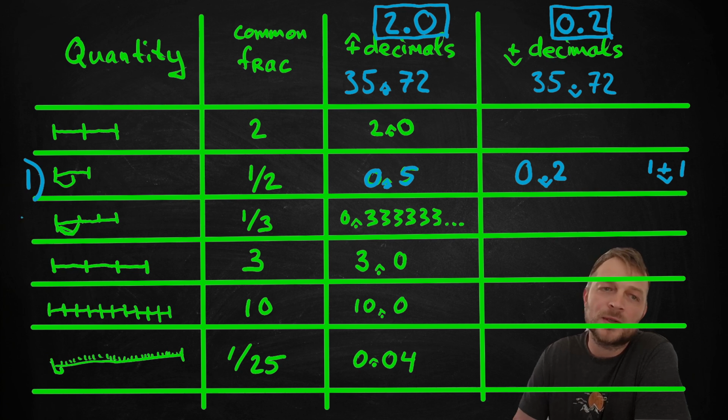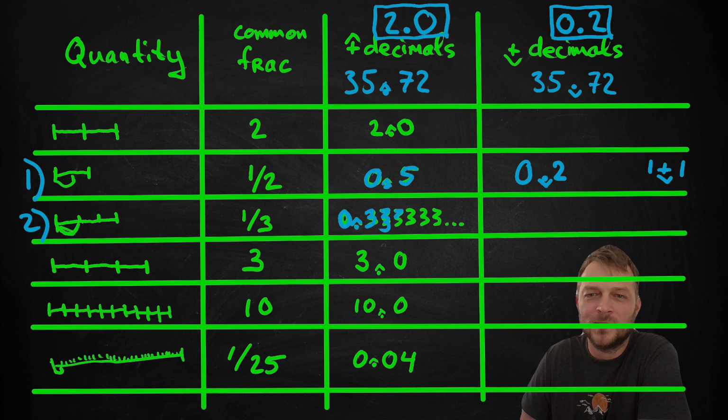How is 1/3 represented? 1/3 in standard decimals is represented with this problematic infinite notation, like an infinite number of 3's here. In our case, 1/3 is 1 plus 1 plus 1.